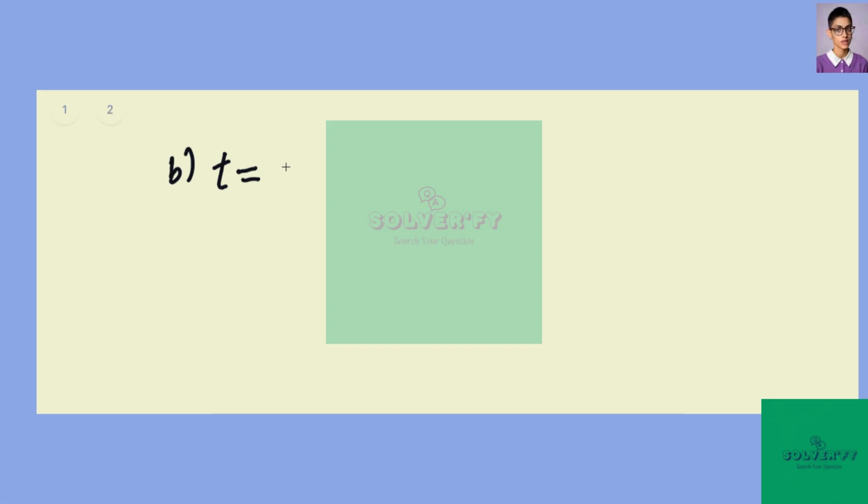So t equals pi r, which is half of the circumference of the circle, over the speed of the deuteron. You know the radius, which is 6.96 times 10 to the negative 3 meter, and the velocity is 8.33 times 10 to the 5 meter per second, which we got from the beginning. This will give us 2.62 times 10 to the negative 8 seconds.